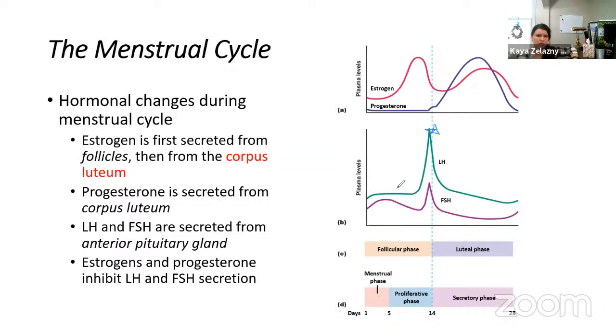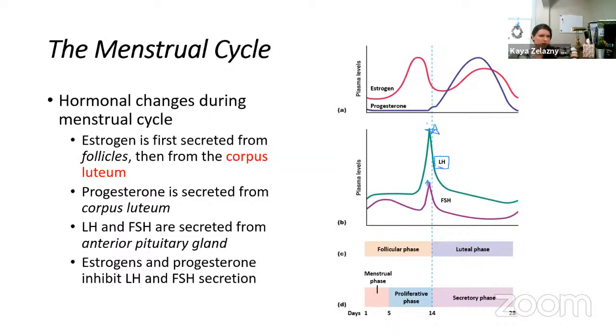We see this spike happening right before ovulation, and this spike in LH right before ovulation is what's triggering ovulation itself. We can see that it's linked to a spike in FSH. So they're doing kind of the same thing, but it's really this LH surge that we're most interested in, because that's the part that really triggers the ovulation.